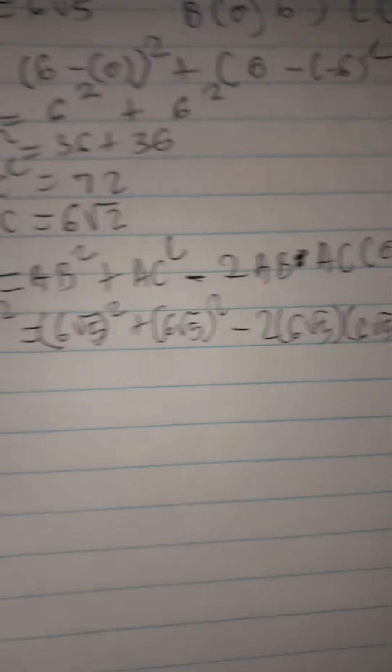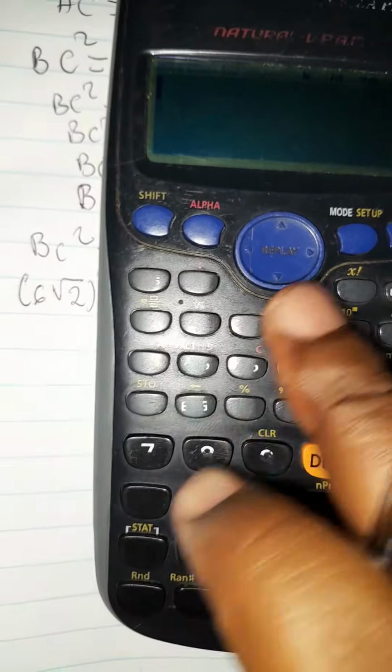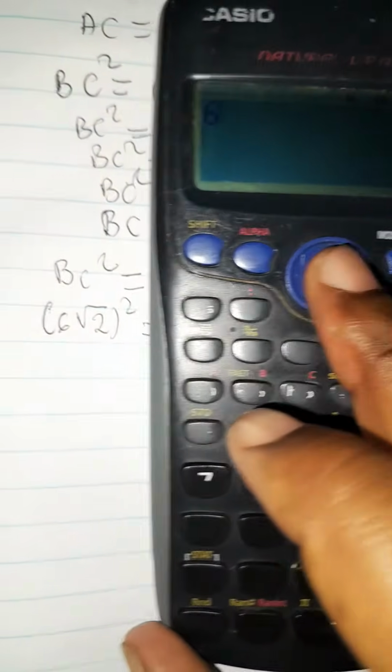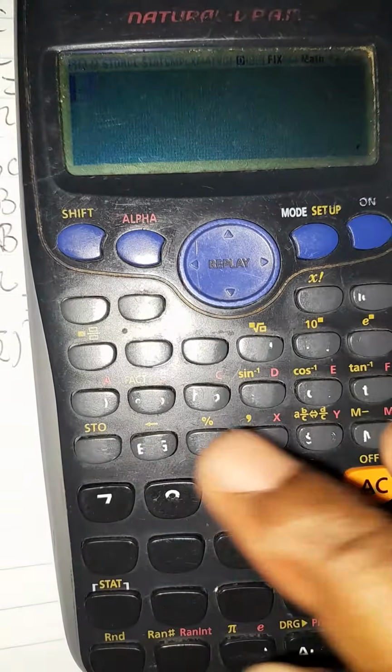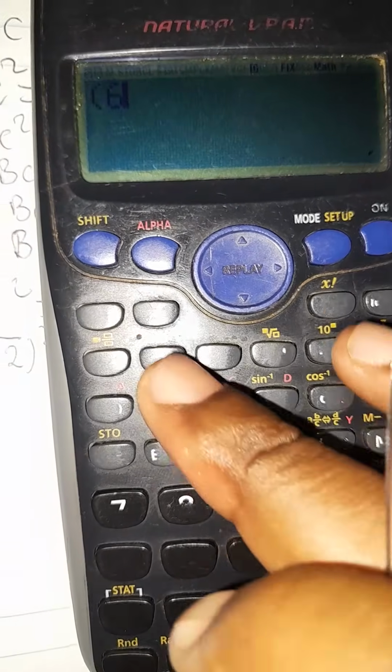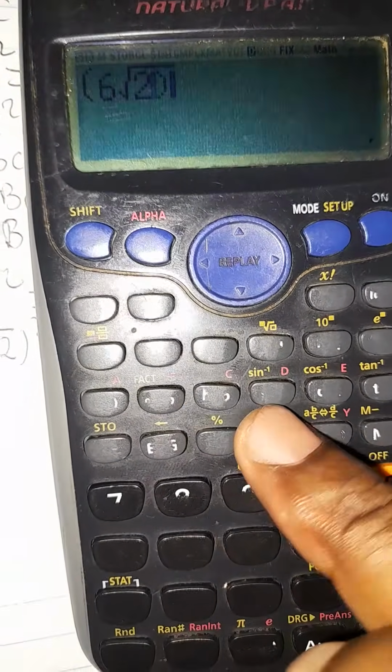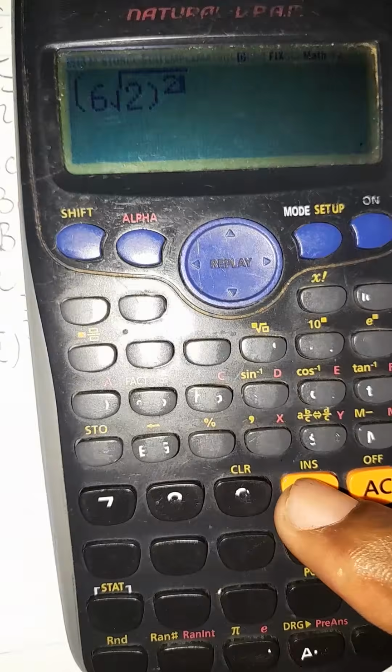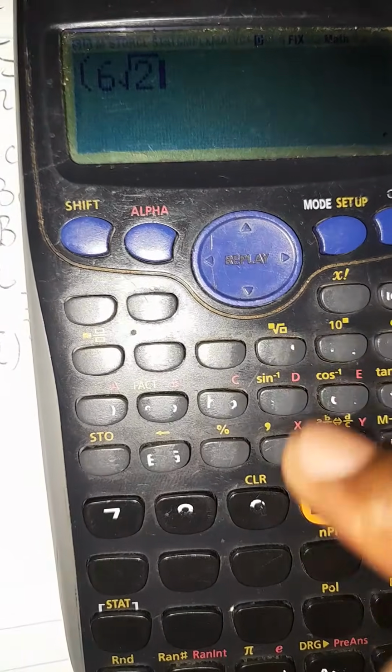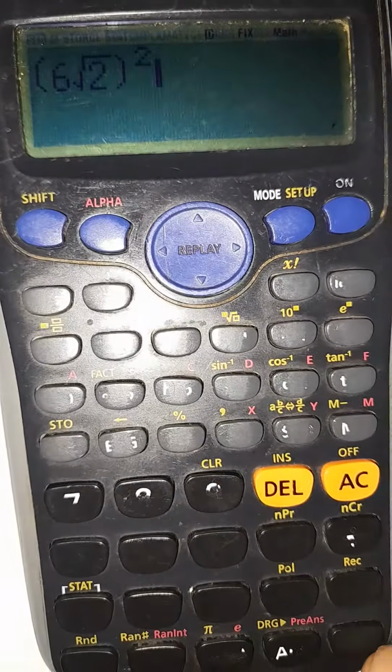So what we can do, guys, is take our calculator and punch in 6 root 2 squared. That will be 72.